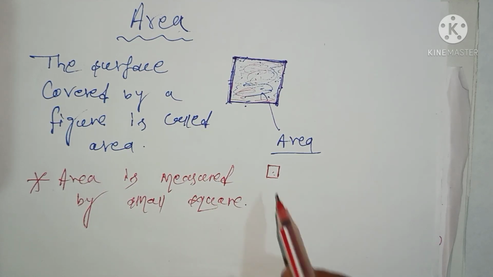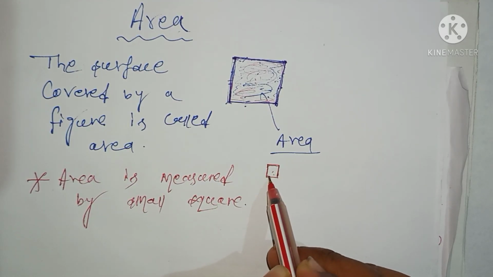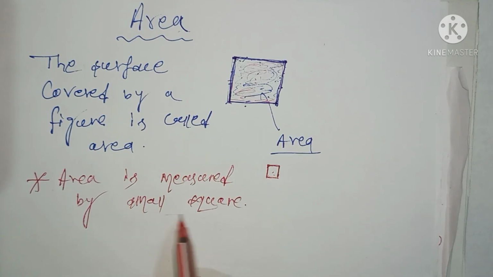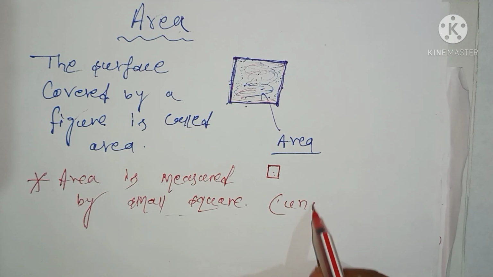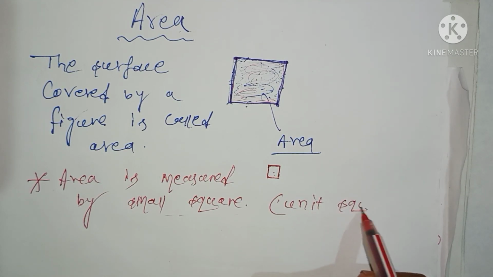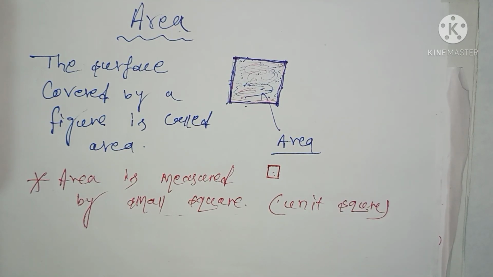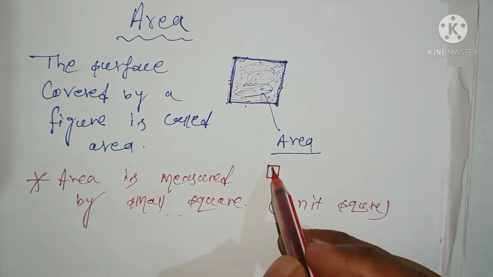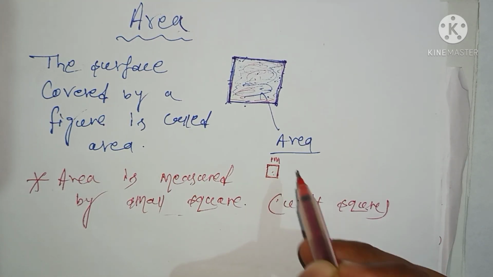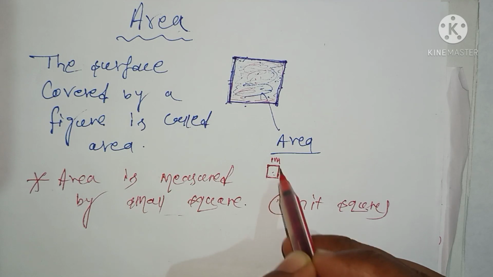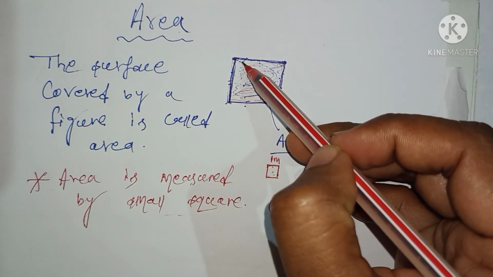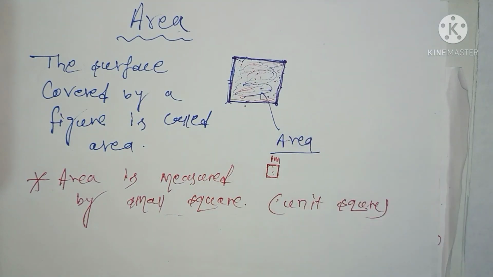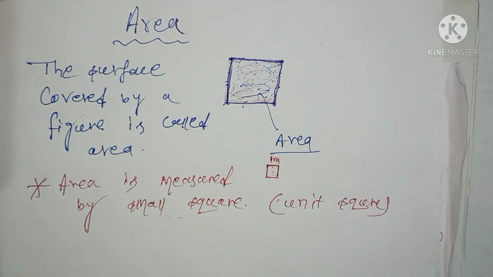You understood, no? This type of small square is known as a unit square. Very important. Unit means, suppose here is 1 meter, and square means all the sides are equal, so how many squares of 1 meter are present in this figure? Is it clear to all of you?